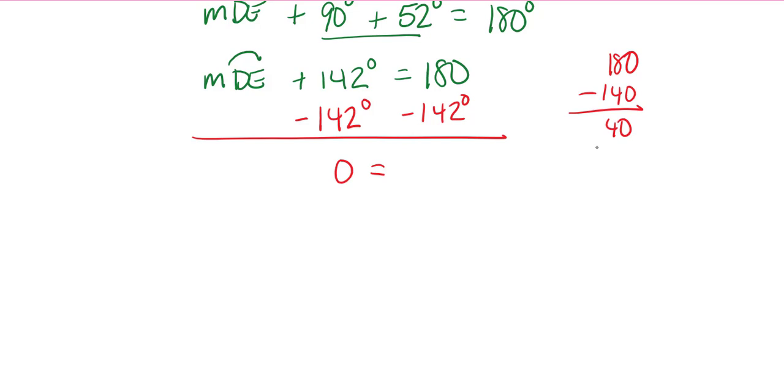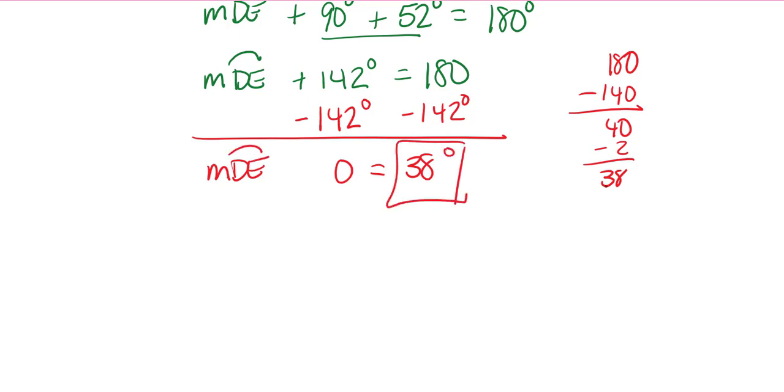So if we just subtract 2, we get 38. So it's just another way to think about it in terms of subtraction. That shows you how math can be flexible, and that's how people do math in their heads. They create numbers, so instead of 142, they go 140, and then they subtract the next 2. So what's the measurement that we're looking for? Well, it's 38 degrees then.